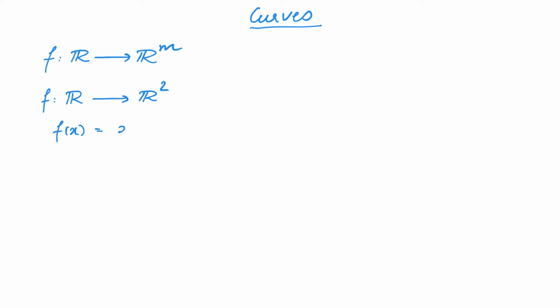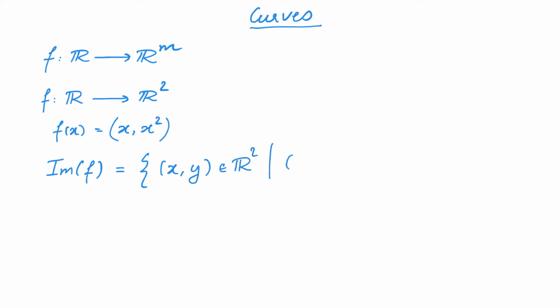An example would be the function f of x is equal to (x, x square). The image of this function is the familiar parabola, and it can be observed by noting that image of f consists of all points (x, y) in R2 such that (x, y) is the image of some point a.